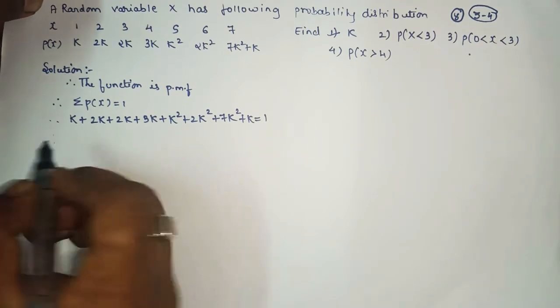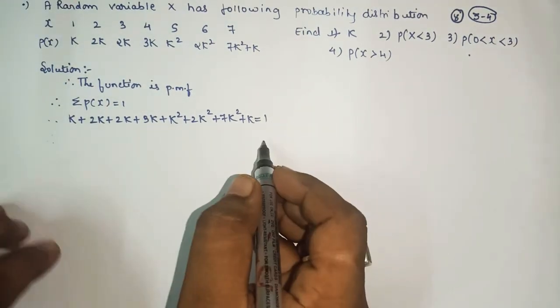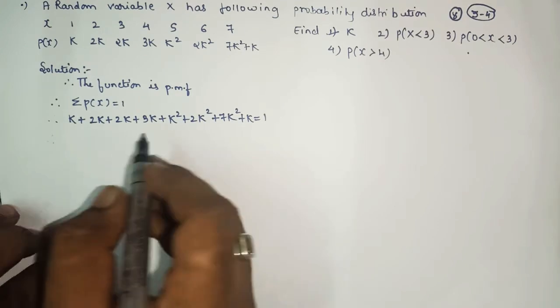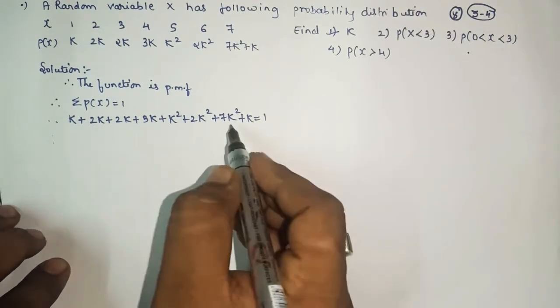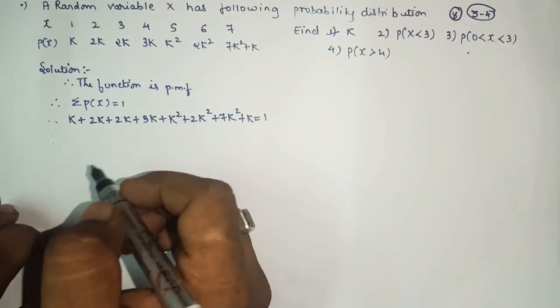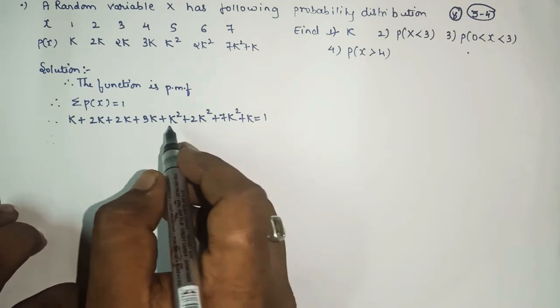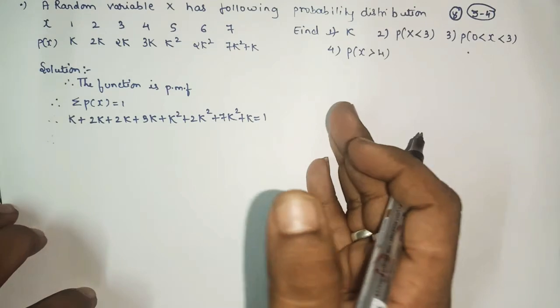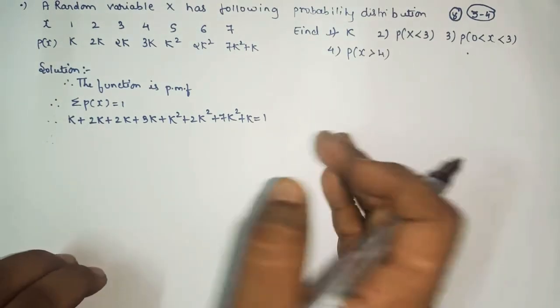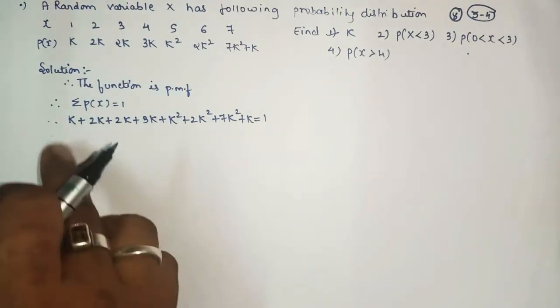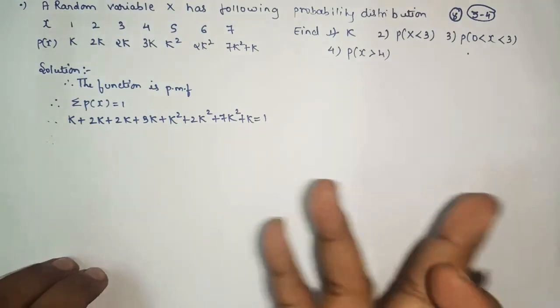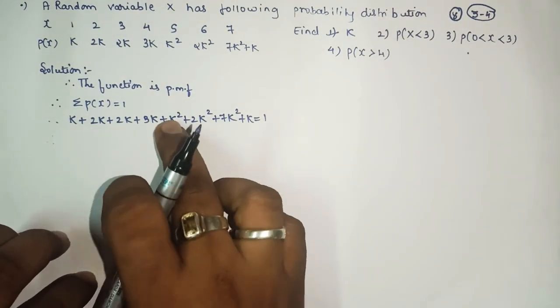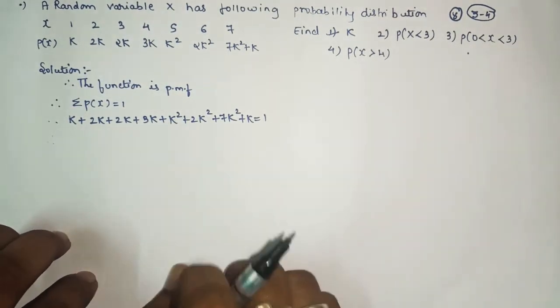So now we'll add all the k's, but here we have k as well as k square also. So whenever we have a variable with the power 2, clearly we can say that it is a quadratic. So whatever equation you get here will be a quadratic equation, because here the power of the variable, clearly we can see, is 2.